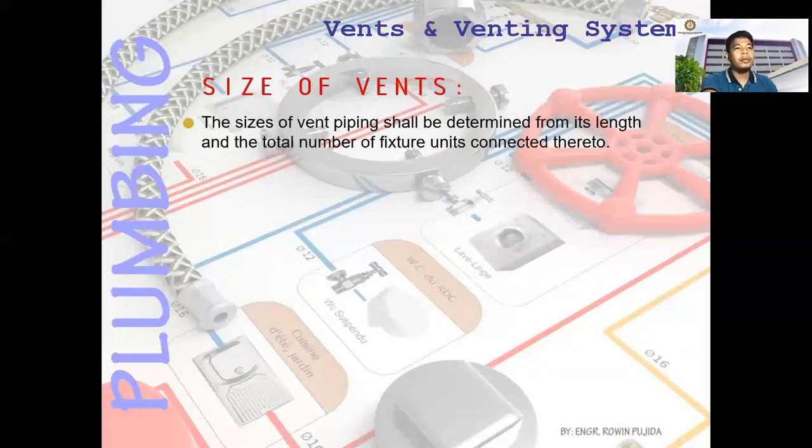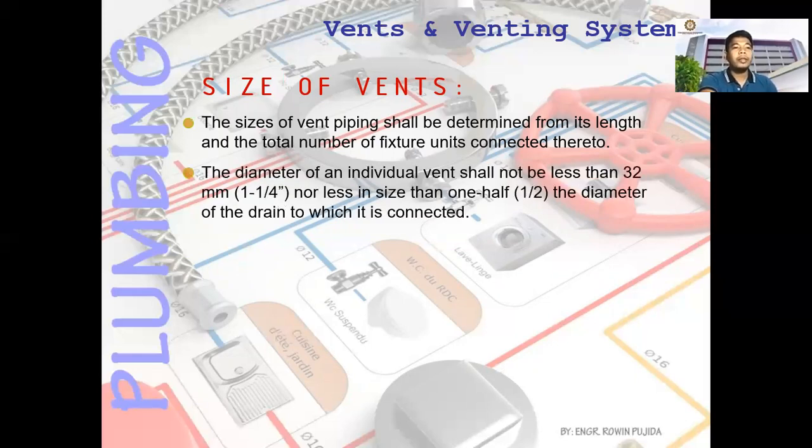Next, you have the size of vents. The size of vent piping shall be determined from its length and the total number of fixture units connected thereto. So normally we use what we have in our trap size. That is the diameter of pipes we will use for our venting system.